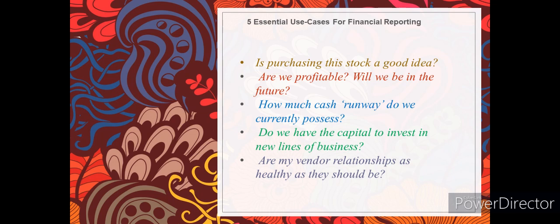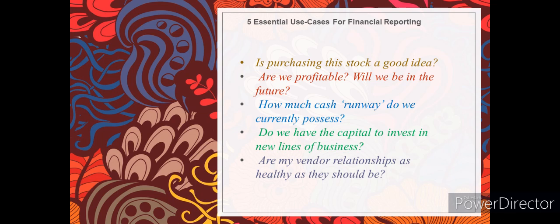Second is, are we profitable? Will we be in the future? Whether we are profitable in the current situation or not, how will we get to know? By our financial reporting and financial documents, we will get to know. The profit and loss account specifically shows the profits or losses of the company.